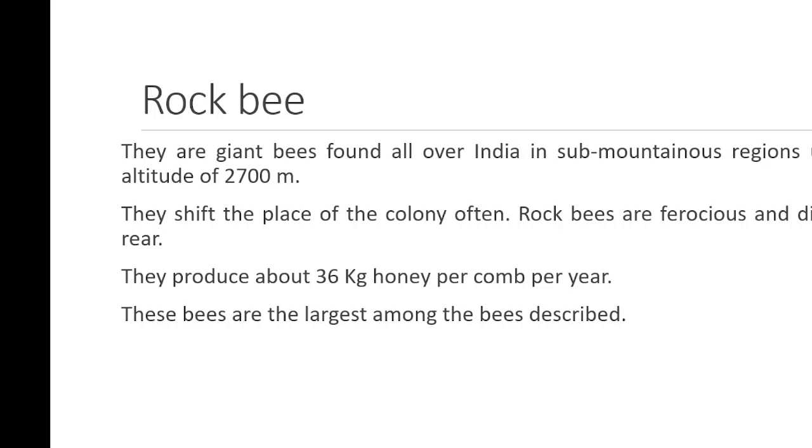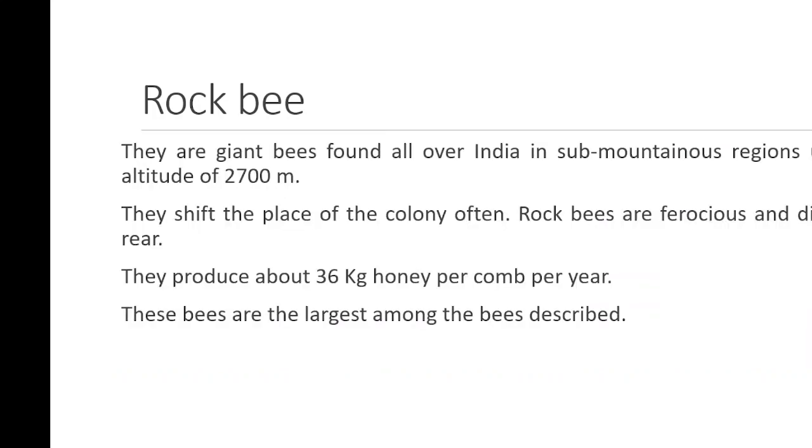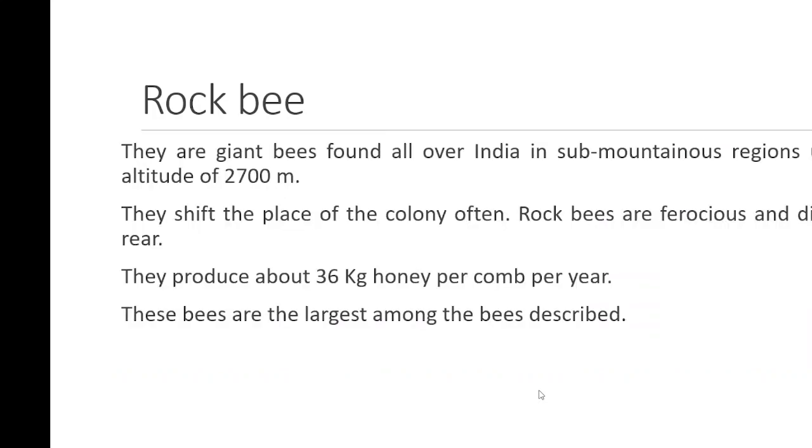The quantity of honey produced by a rock honeybee is 36 kilograms per comb per year. That is, a hive like this will produce 36 kilograms of honey in a year. These species are the largest of the Indian honeybee species.